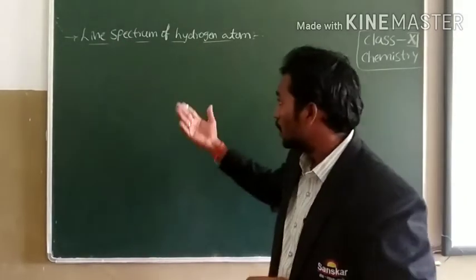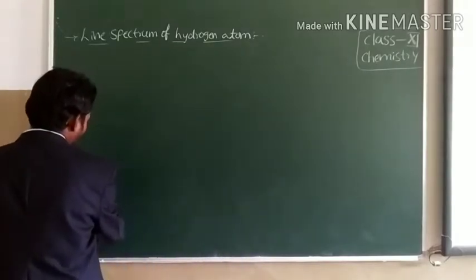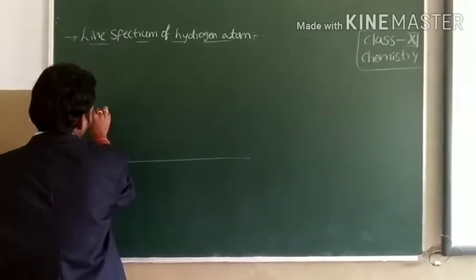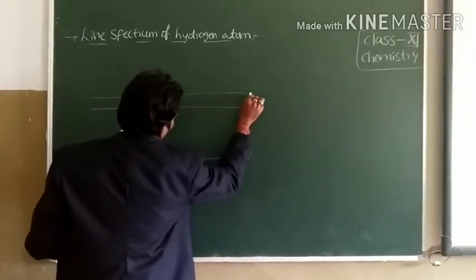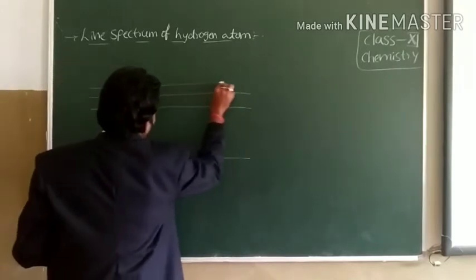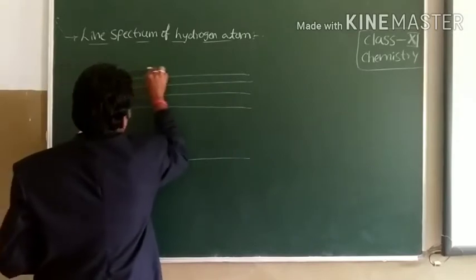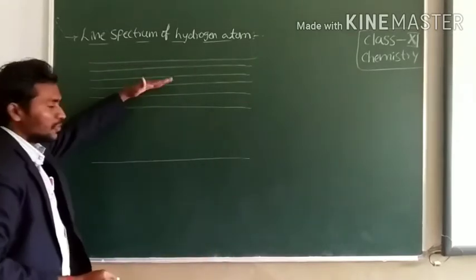Let us see the spectrum of hydrogen atom, children. It's something like this. So these are different energy levels.